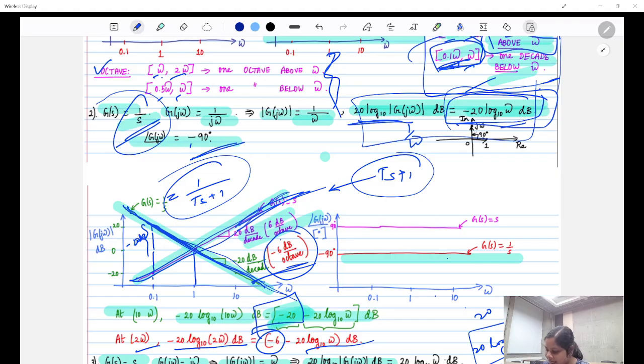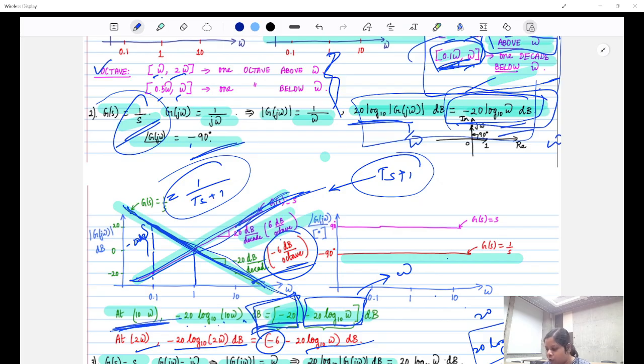Now, this is at omega. But if you check at 10 omega, what do you get? We get minus 20 log 10 omega, right? And when you simplify it, you will see it's minus 20 minus the same thing that we had for omega. That means this minus 20 is an extra term that came when we moved from omega to 10 omega.